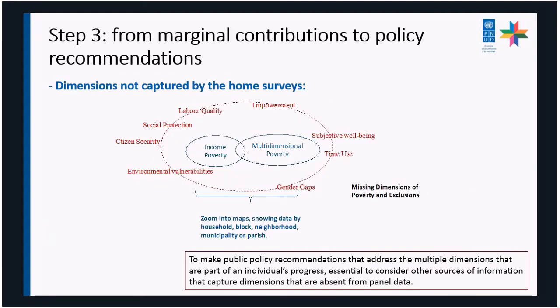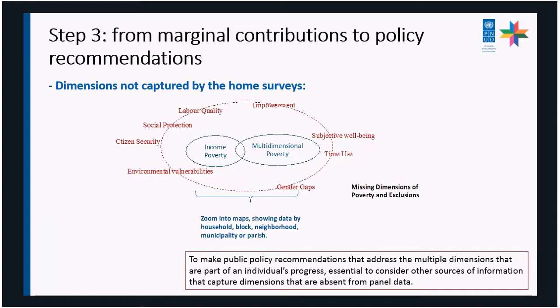So also the dimensions that are not captured by household surveys are important to look at. As I was saying, here are a number of dimensions that are part of poverty that we don't get from our normal household surveys.